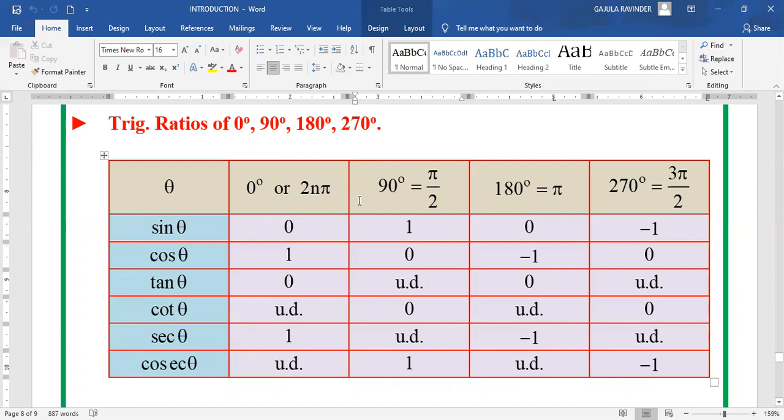After any number of rotations, plus pi by 2 will give you the same results. After any number of rotations, plus pi will be along the negative x-axis and will give you the same values. So like that, you can define the trigonometric ratios of 0, 90, 180, 270. After any number of complete rotations, my dear friends, the values will be the same.